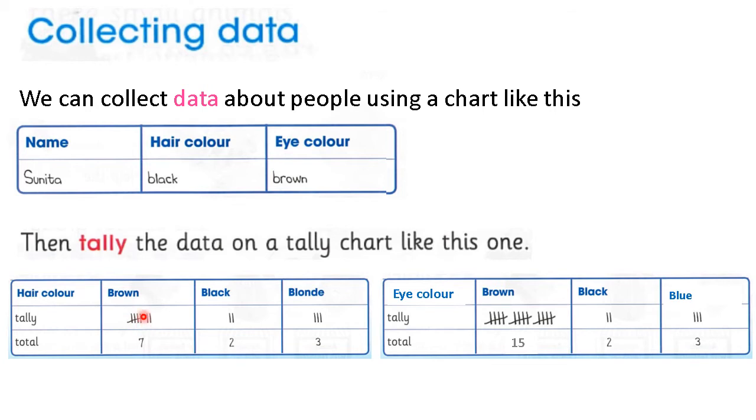The horizontal stick closes a group of 5. Here, for people with brown hair, I've got 5, 6, 7. Here, for people with brown eyes, I've got 5, 10, 15 people with brown eyes.